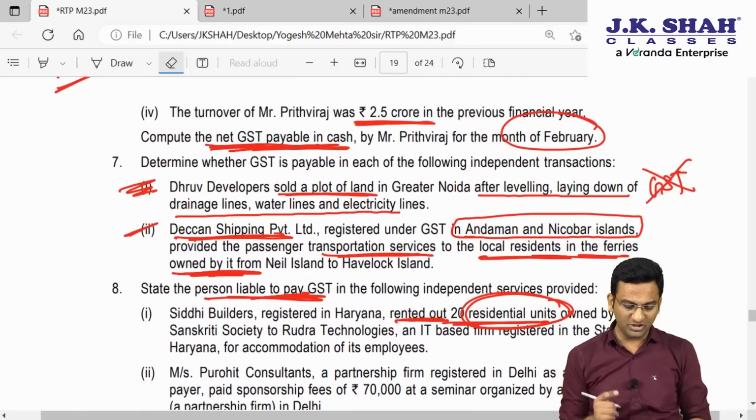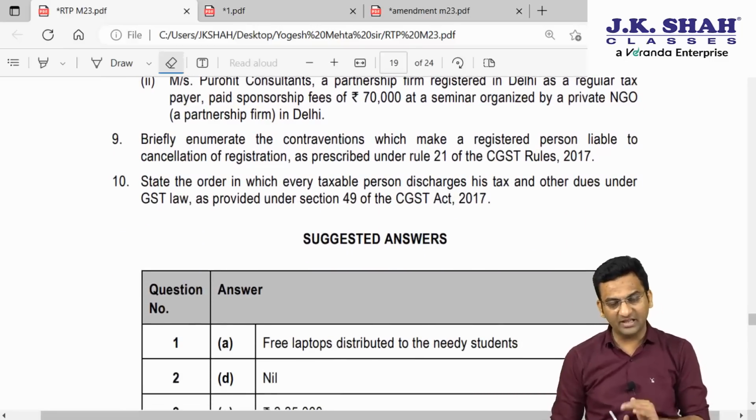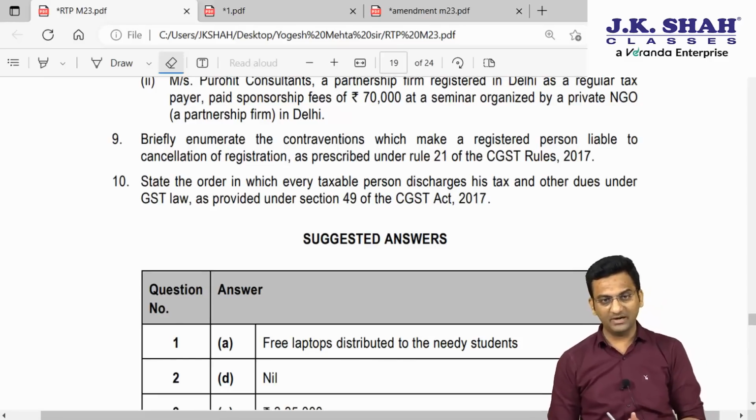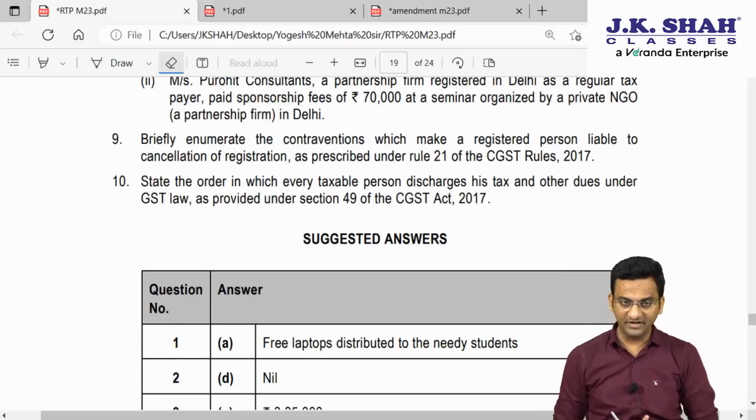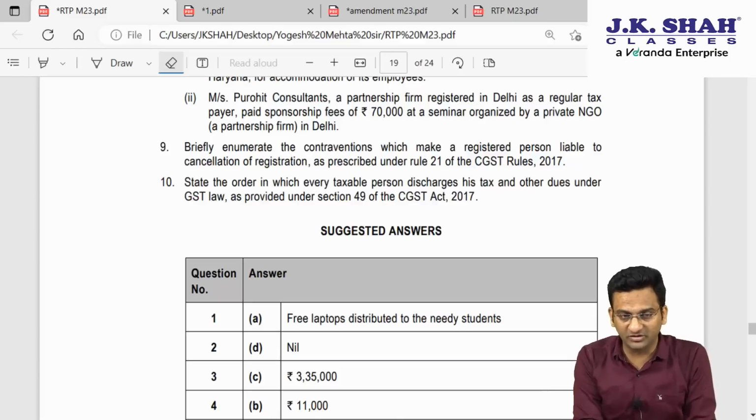Friends, we have done question number 6, question number 7, and question number 8. Now the 2 subjective questions remain, and then we'll do question number 1 to 5, which relates to the MCQ part. So question number 9, friends, let's read it. Briefly enumerate the contraventions which make a registered person liable to cancellation of registration as prescribed under Rule 21 of the CGST Rules 2017.